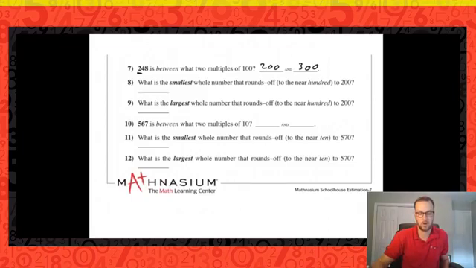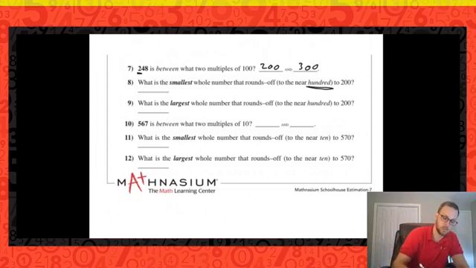So what's the smallest whole number that rounds off, rounding to the hundreds, to 200? Good job. 201 is the closest number that would round off to 200.